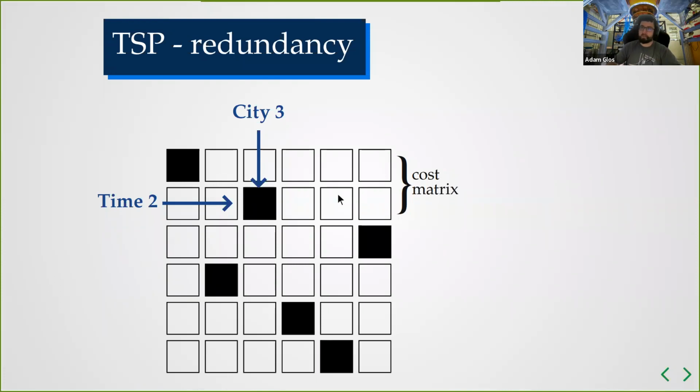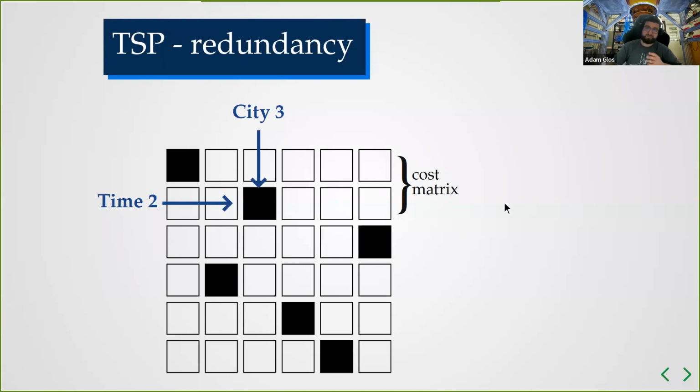What does it mean? When we try to make a binary representation of this problem, we need to encode the whole cost matrix. The cost matrix is the matrix which defines the cost of moving between cities, between these two registers.